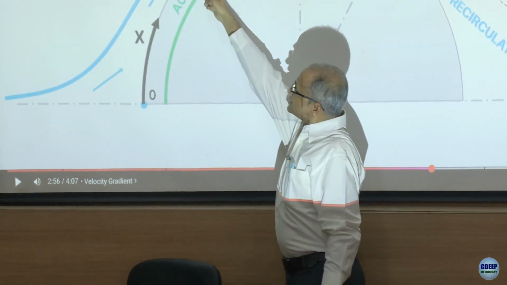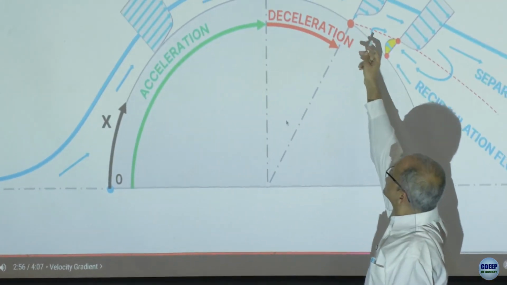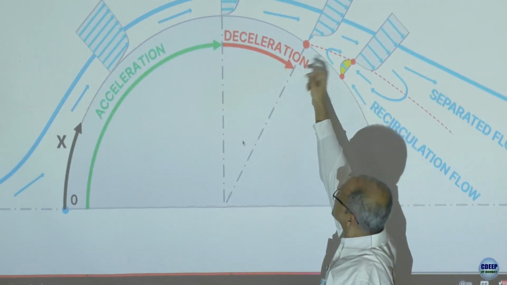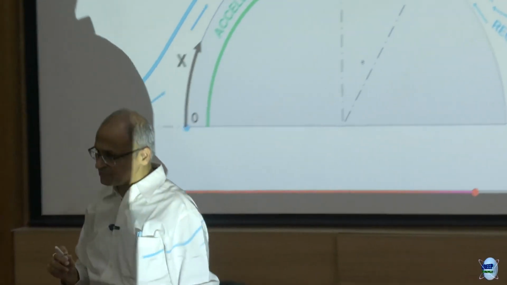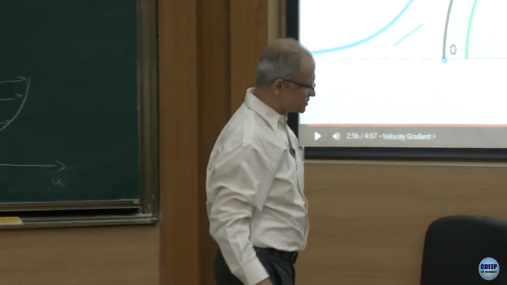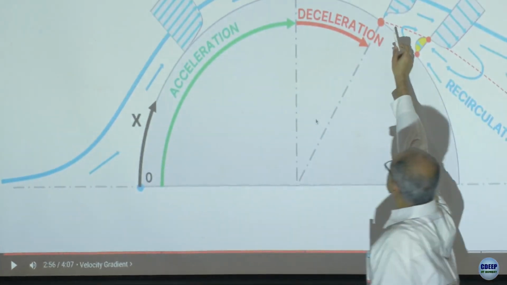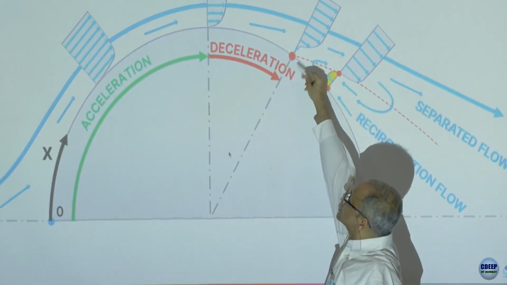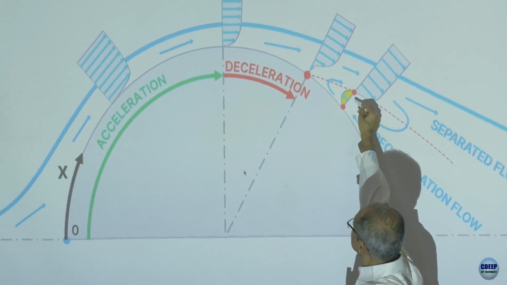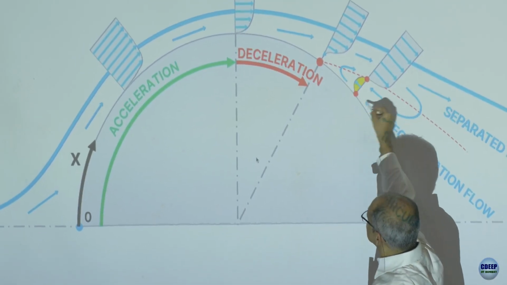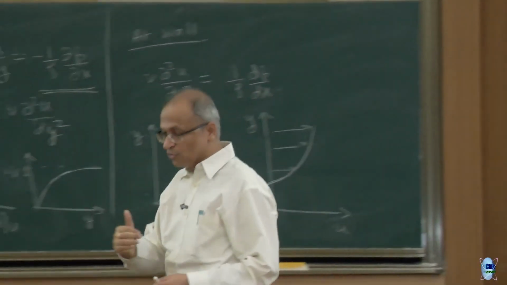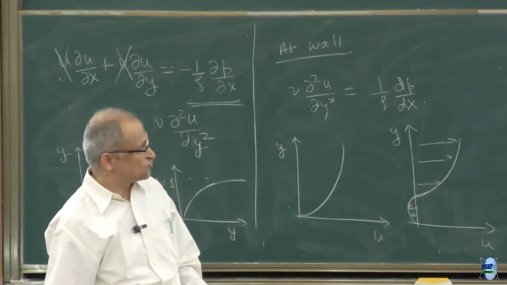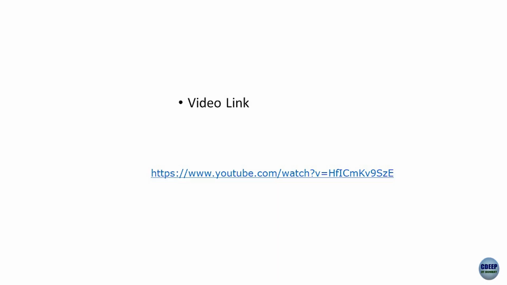So when dp/dx is negative, this is 0, and then once you come here, there is a dp/dx which is opposing the flow. There's an adverse pressure gradient, which is causing a reduction in the momentum of the fluid close to the wall, and then as you move further downstream, you will find that there's a region of reverse flow which is now being seen.